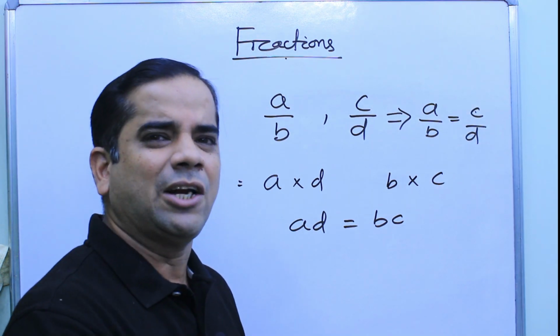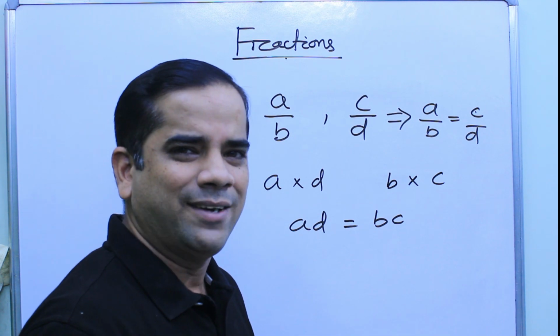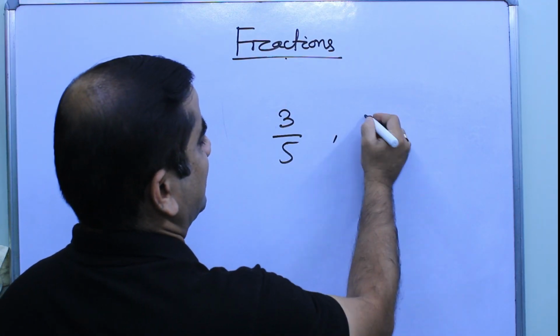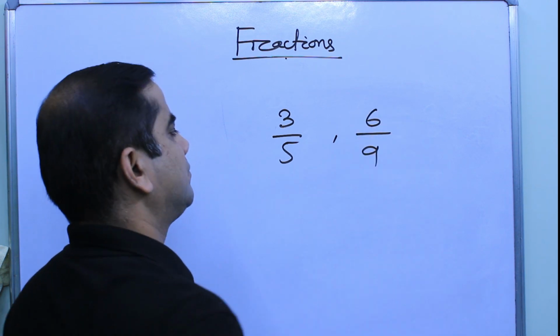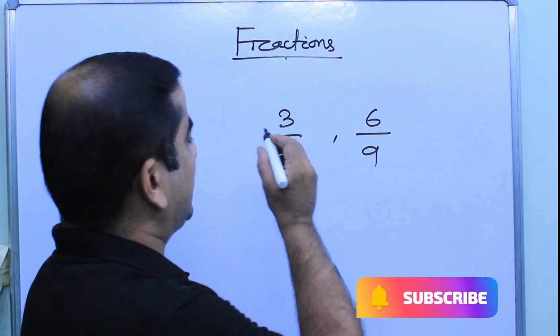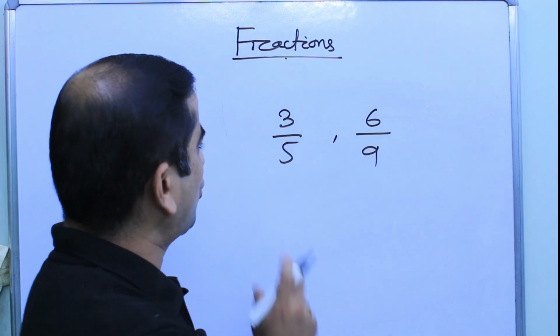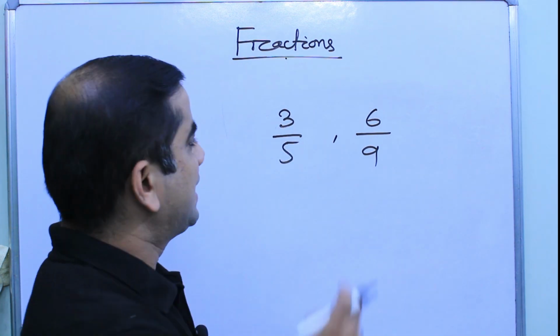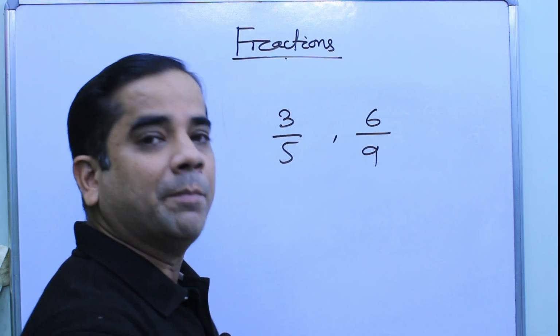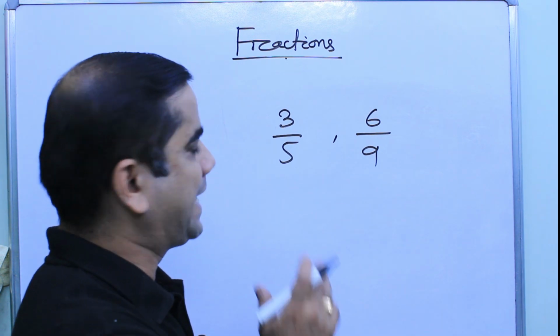So students, let us now discuss some examples. Suppose there are two fractions 3 by 5 and 6 by 9. Students, in the first fraction 3 by 5, 3 and 5 both are prime numbers, so it is in its reduced form. But 6 by 9, they are composite numbers. We can reduce them, but we are not going to reduce them now by cancelling.